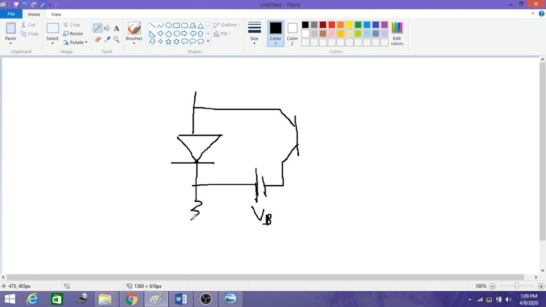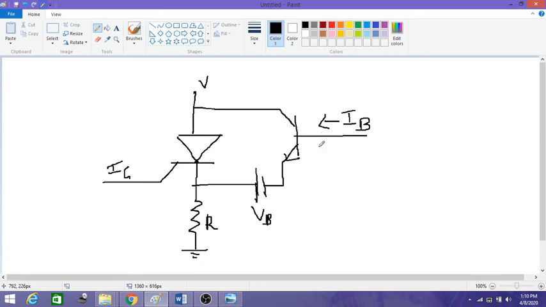There is a load resistor here, which might be connected to ground at one point. Let me call it R. This is our gate current IG, this is the voltage V, and this is the base current IB. This is an NPN transistor.